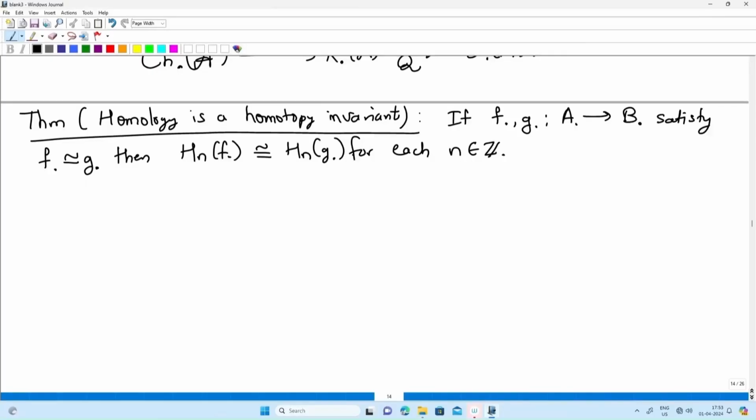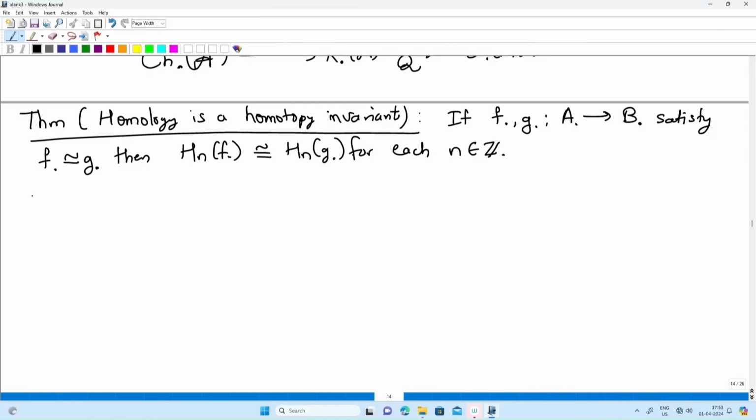Here we are talking about the map version, but we can also talk about the object version, that Hn of A dot will be isomorphic to Hn of B dot if there is a homotopy equivalence between them. Like F dot going in this direction, G dot going in this direction, such that Gf dot is homotopy equivalent to identity and Fg dot is homotopy equivalent to identity. So this is what we want to show. Is this clear?